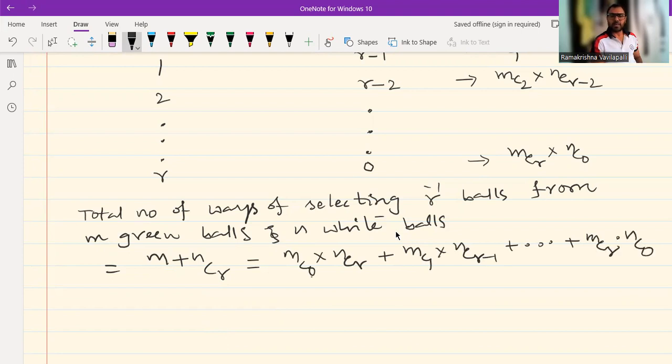So remember, here the sum of these two numbers is r.